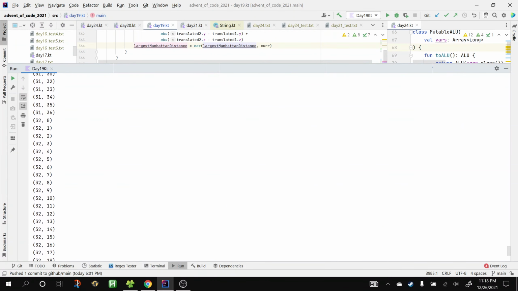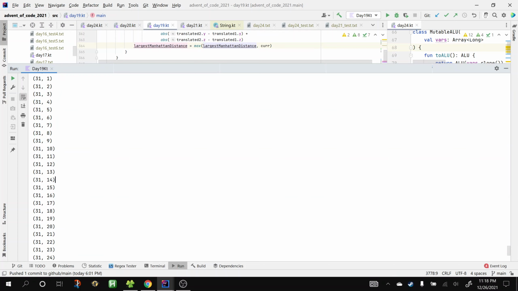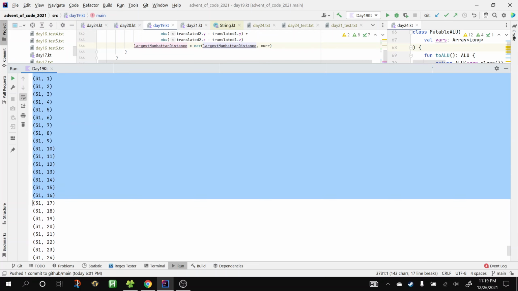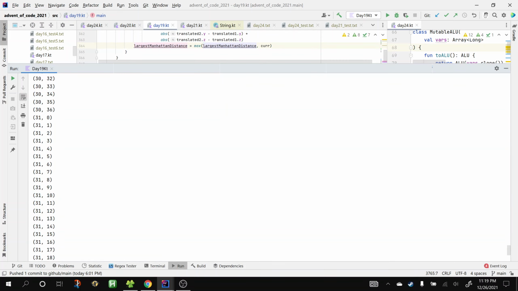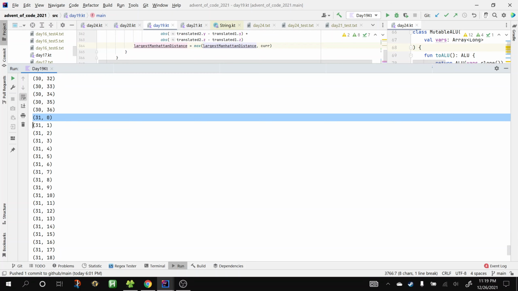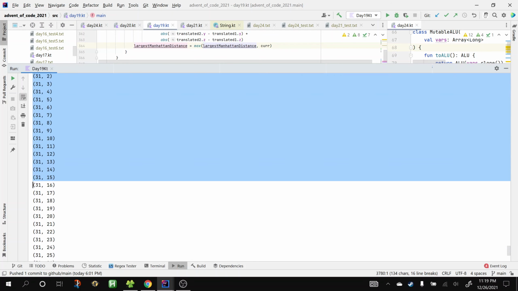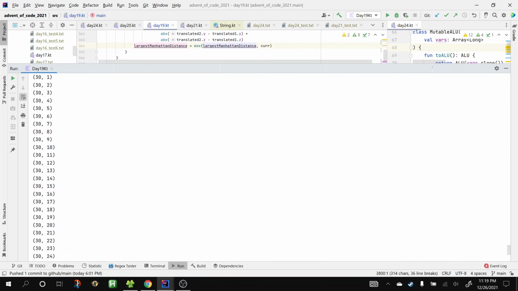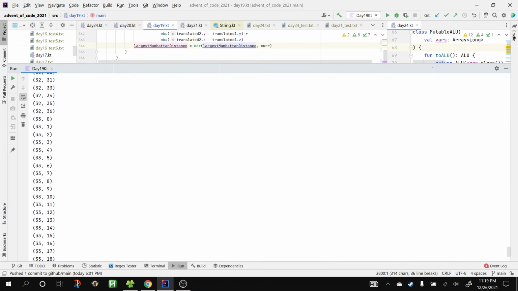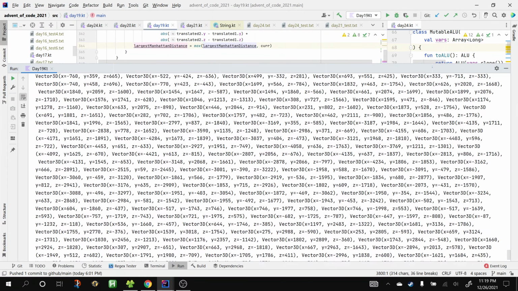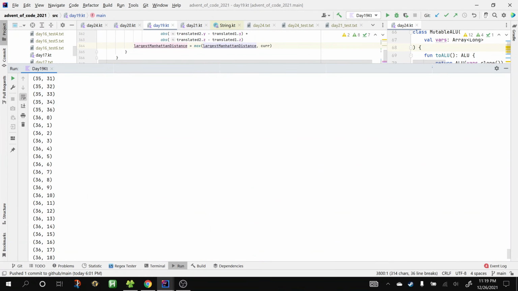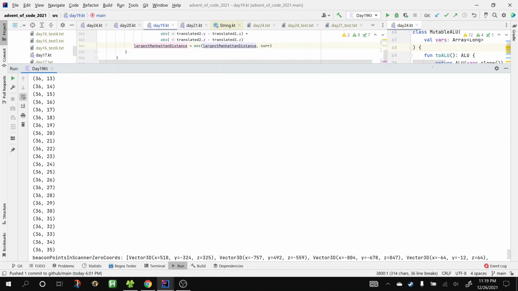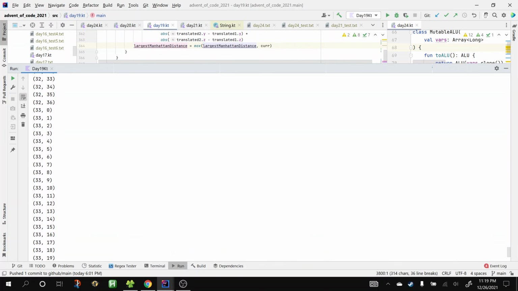So here you can see I printed out all the different translations. So via that while loop, this is how to go from scanner 31 to 0, scanner 31 to 1. These are all the various configurations that you would need to translate between each one. And for each of the 34 scanners, or 36 scanners, it should contain all the translations needed.